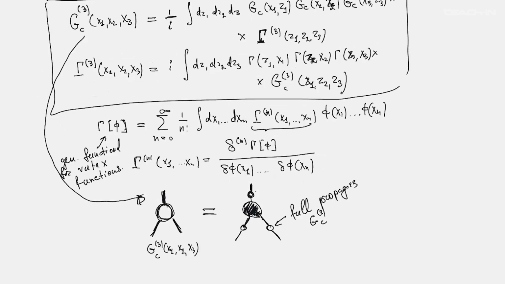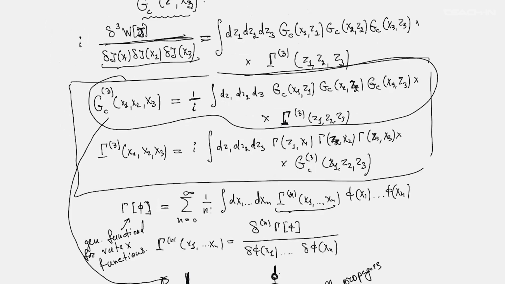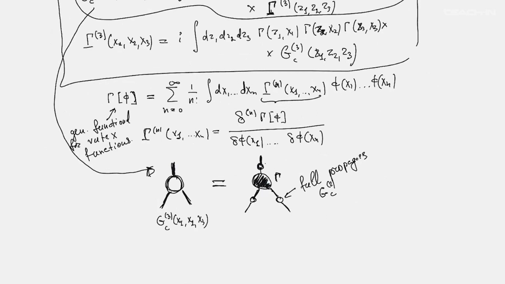Yes, and this graphical representation is exactly this formula which you see here. I take gamma and I restore the full propagators. I attach to it full propagators, and then I get the connected Green's function. And so you see that the other way around, you obtain gamma by taking the full Green's function G3 and cutting out, or truncating, the full propagators.